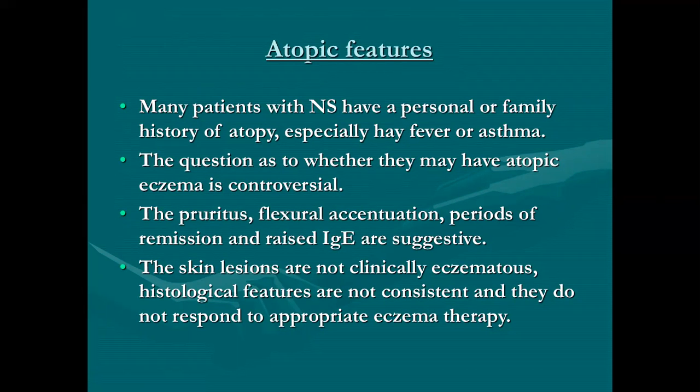Atopic features are also seen in Netherton syndrome, and the patients have a personal or family history of atopy, especially hay fever or asthma. The question as to whether they may have atopic eczema is controversial. Pruritus, flexural accentuation, periods of remission and raised IgE are all suggestive of atopic features.